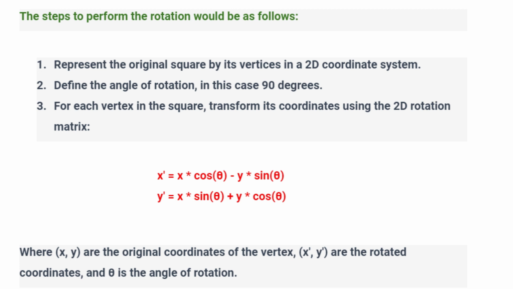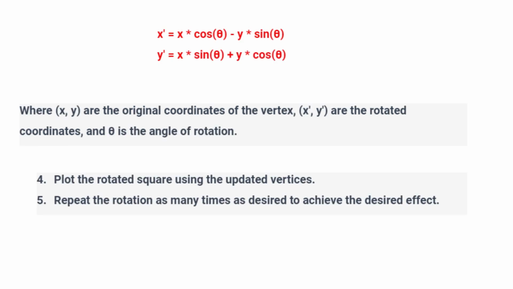X' = x * cos theta - y * sin theta. Y' = x * sin theta + y * cos theta, where (x, y) are the original coordinates of the vertex, (x', y') are the rotated coordinates, and theta is the angle of rotation. Plot the rotated square using the updated vertices.